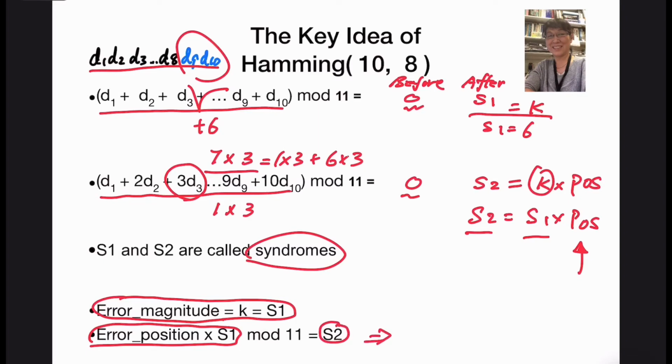Therefore, if I move S1 to the other side, the error position can be worked out by S2 divided by S1. You can see that by calculating the two syndromes, we can find out the error magnitude and the error position. Job is done.